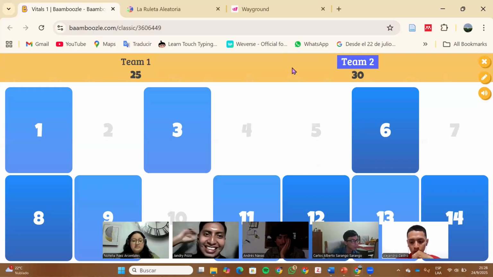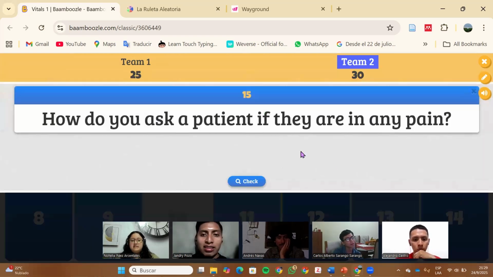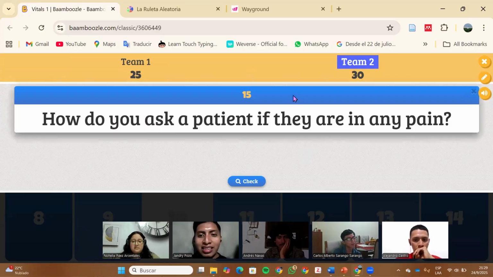Carlos, pick another number. 14. How do you ask a patient if they are in any pain? Well, first of all, I will ask him to tell me if that person could have any pain.